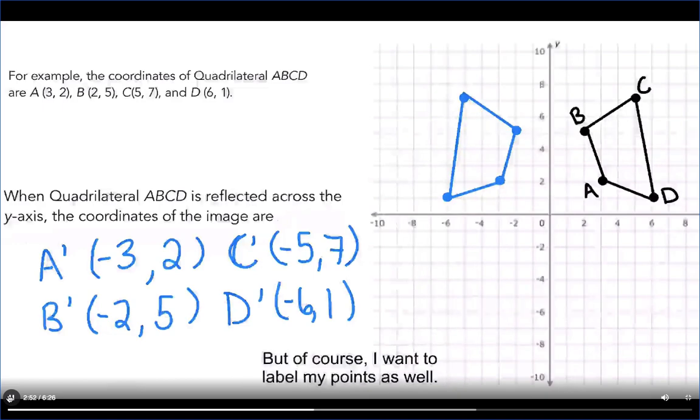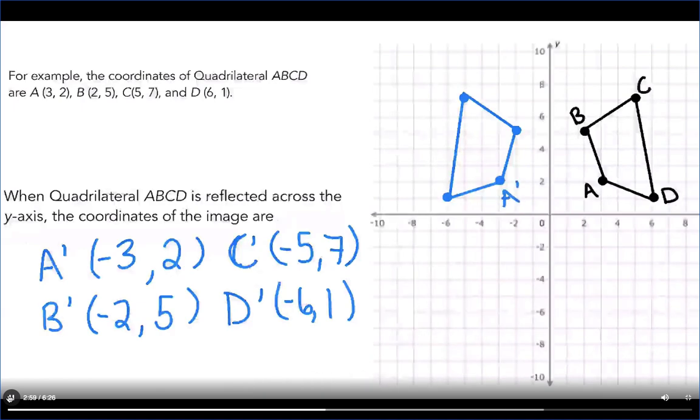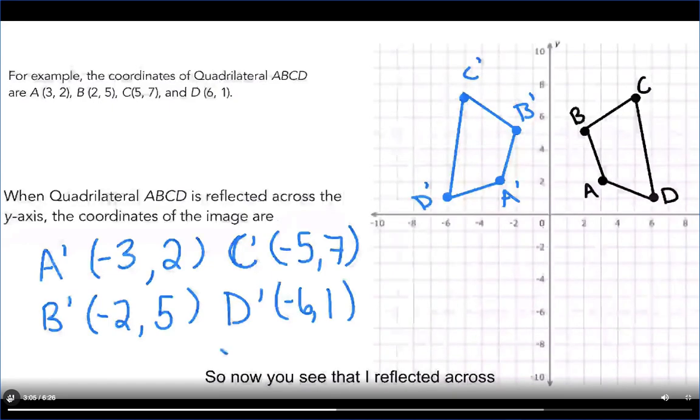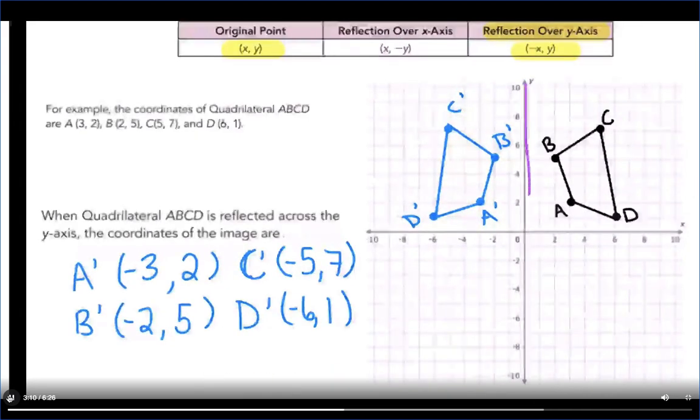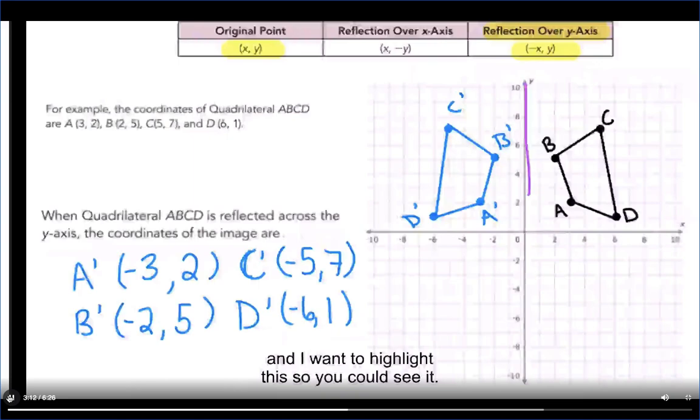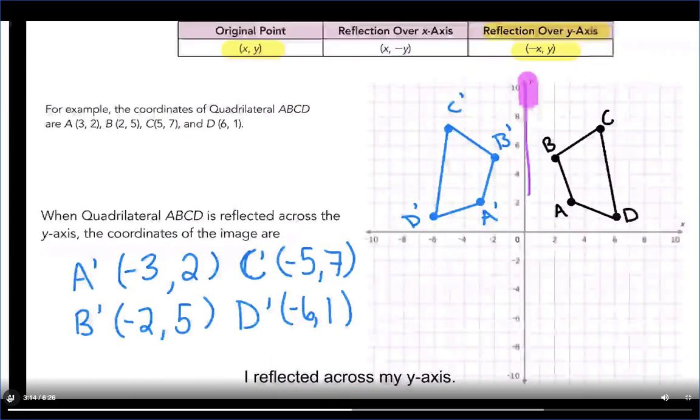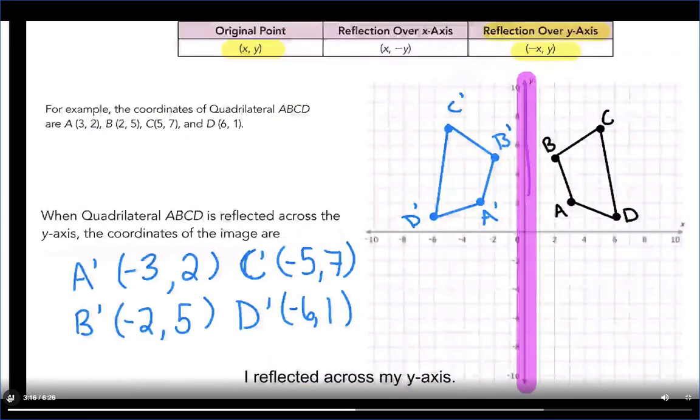Of course, I want to label my points as well: A prime, B prime, C prime, and D prime. Now you see that I reflected it across my y-axis.